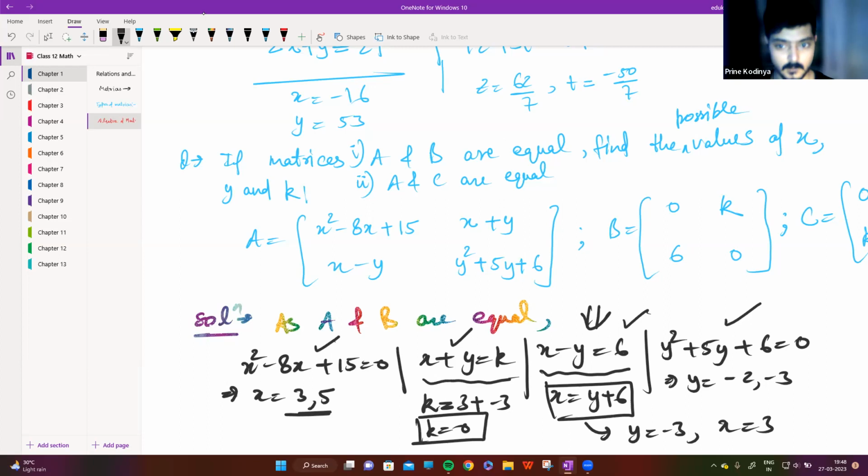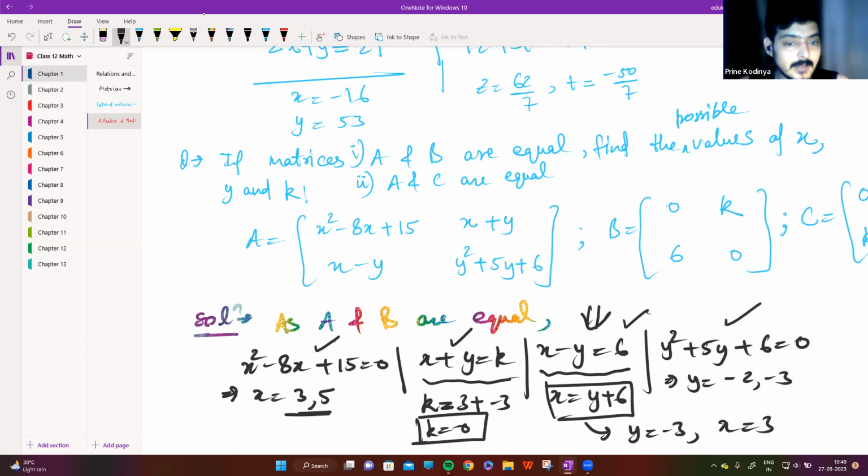So first solve all those equations which you can directly solve. First and fourth are directly solvable. These were 2 quadratic equations which can be solved directly, which will give you some values of x and some values of y. Now, what is the solution of the question? These middle 2 equations will tell you what are the values of y and what are the values of x that you need to take.